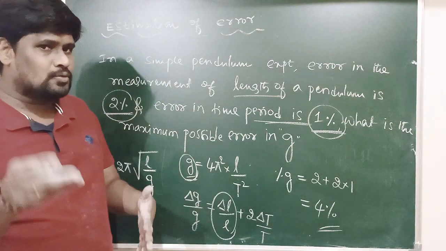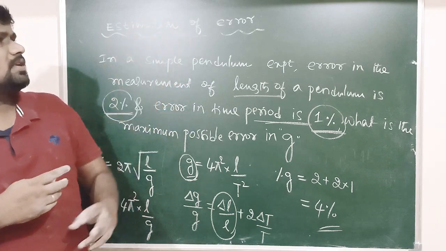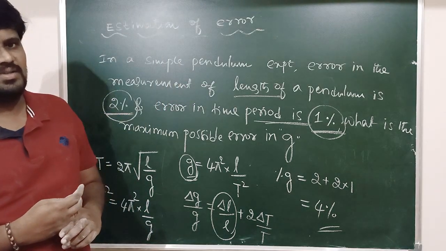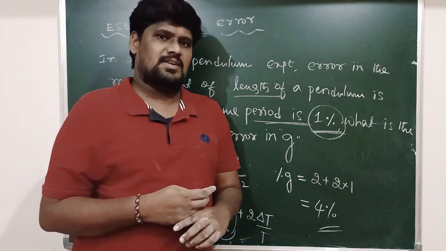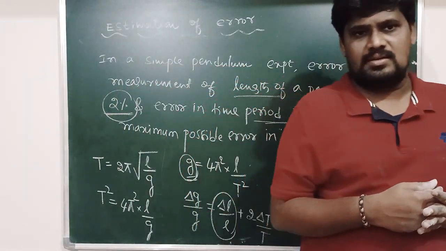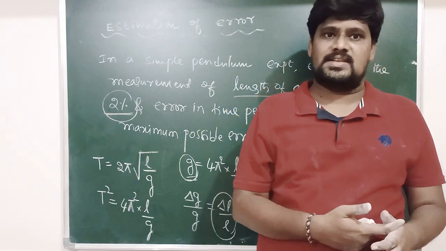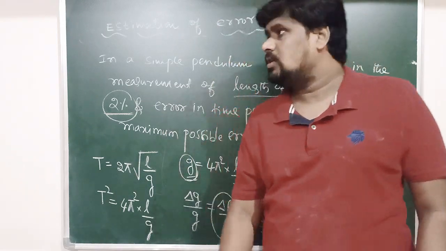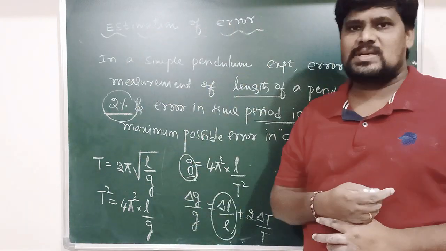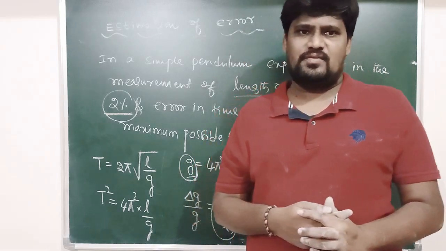We can solve those questions based on the concept called the estimation of errors. So in the next session, I will come with a few more questions of other lessons which can be solved with the help of the concept called estimation of errors.